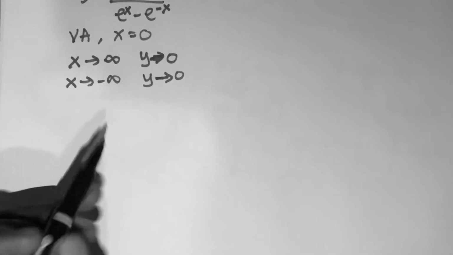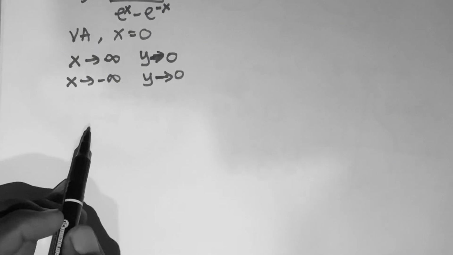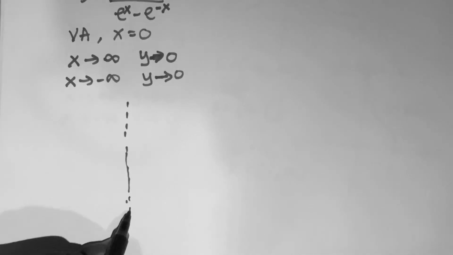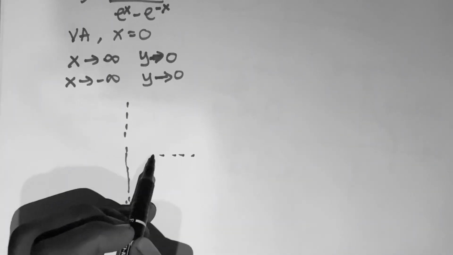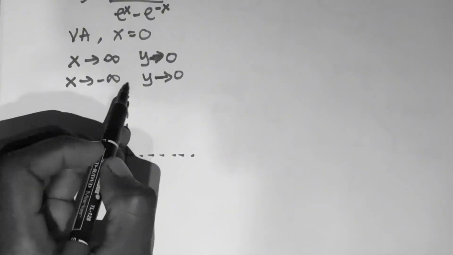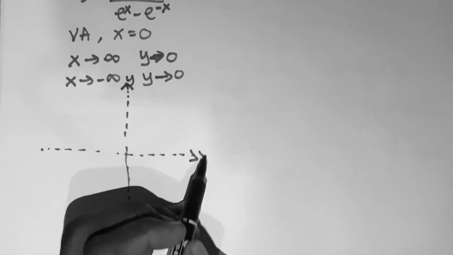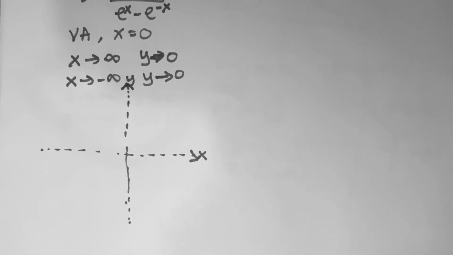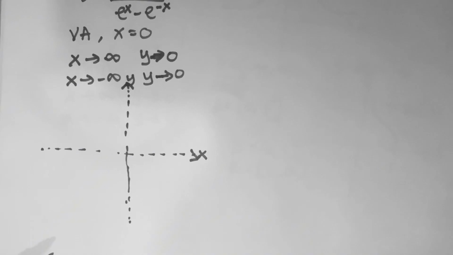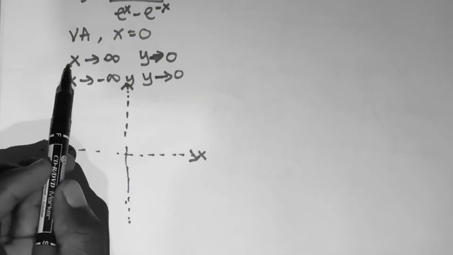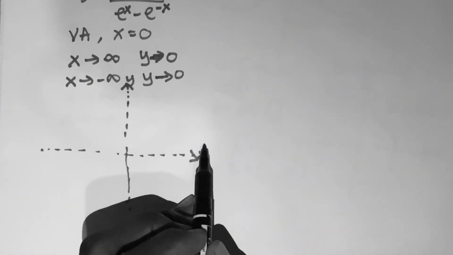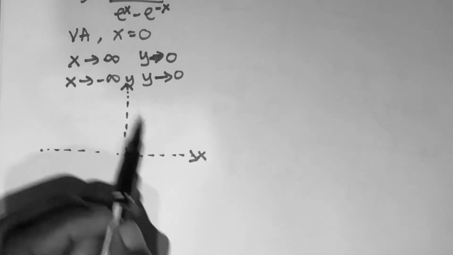Okay, so let me sketch the curve here. The y-axis is the vertical asymptote, and the x-axis is the horizontal asymptote. This is y, and this is x. We've said that as x approaches infinity, y approaches 0.